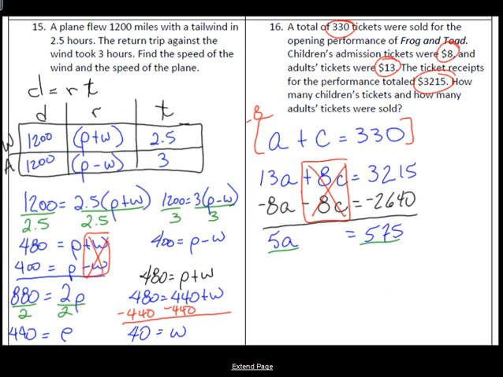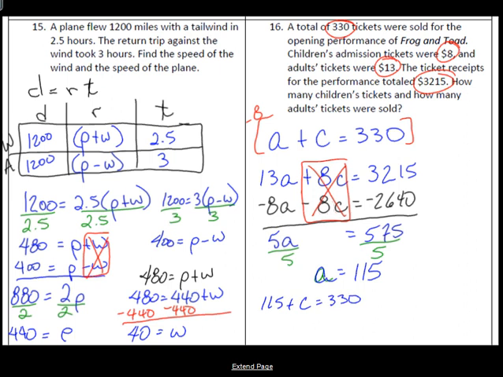I divide both sides by 5, and I see that A, my adult tickets, is 115. So I now say 115 plus C is equal to 330.